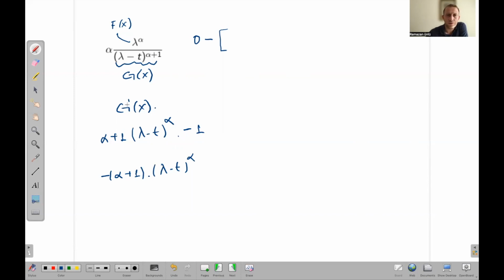That is the derivative of the g of x, okay, which is minus alpha plus 1 times lambda minus t to the alpha and times f of x, which is lambda to the alpha. Okay.